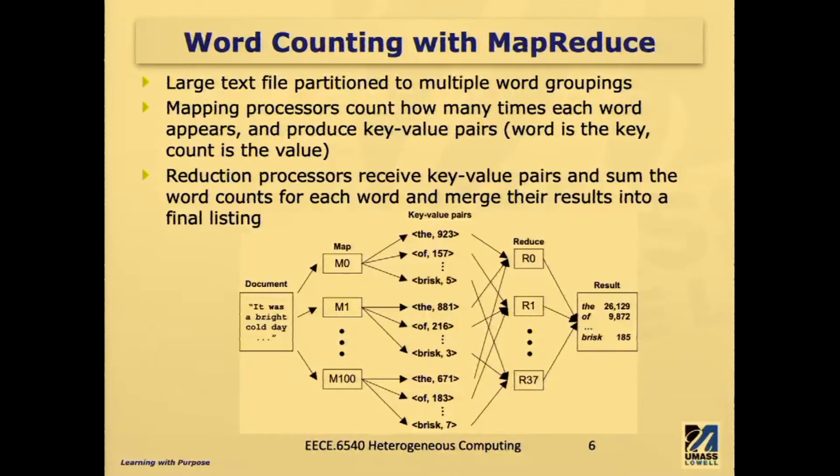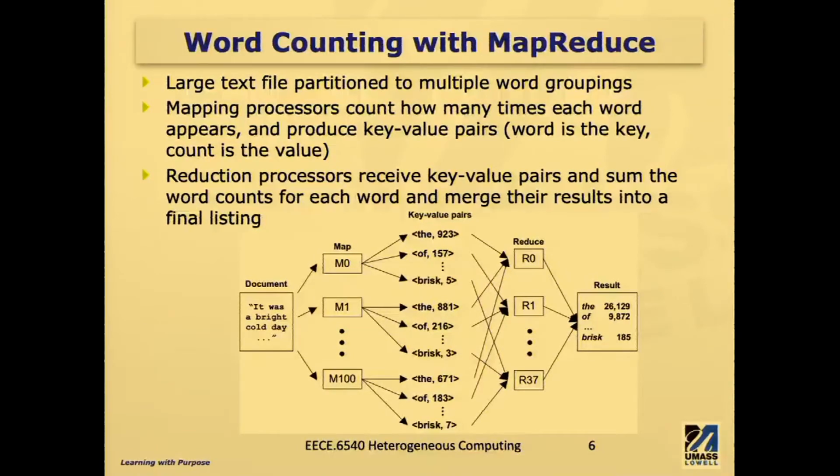It's possible. Even in some part of the document, there may be no word of, which is very unlikely, but it may happen. So you have these key value pairs, and that's the expected output from the mapping stage.